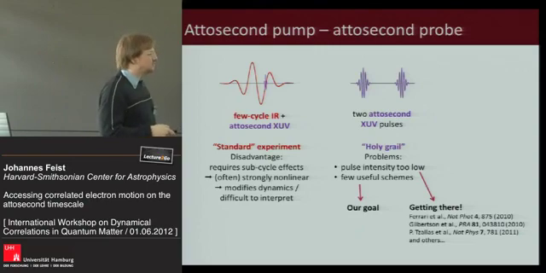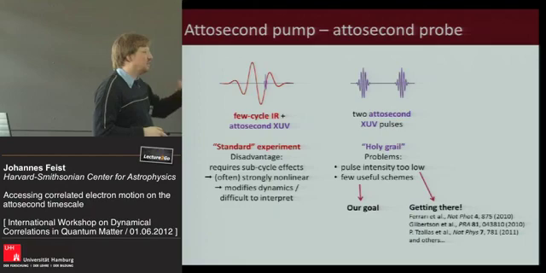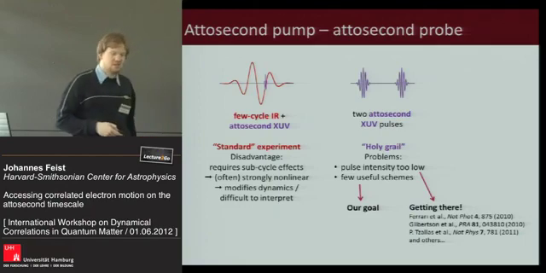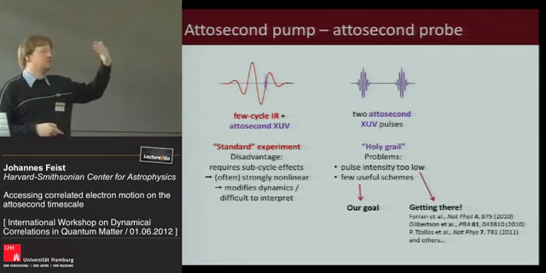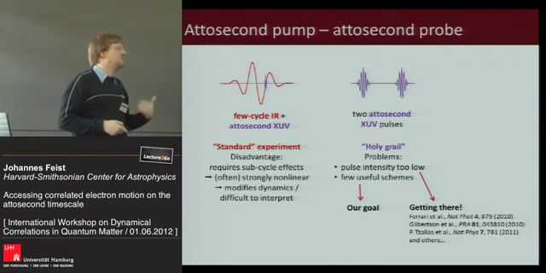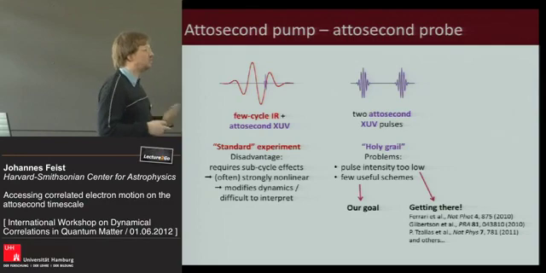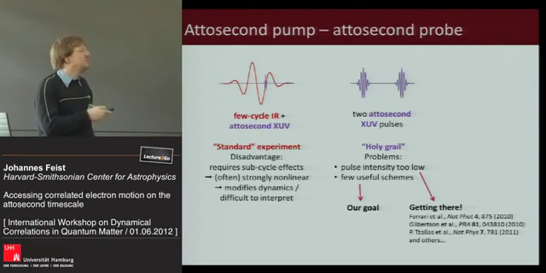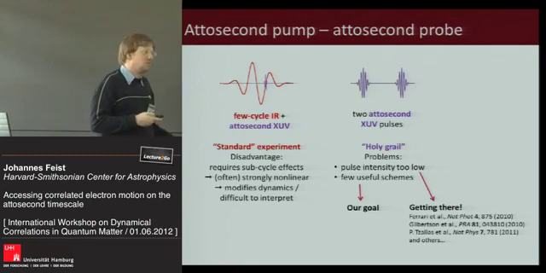And these are other papers showing the increases in high harmonic efficiency. And of course, there's also the work of getting free electron lasers down to below femtosecond pulses. So either of these could lead to enough pulse intensity in attosecond pulses to enable this kind of pump probe with 2 attosecond pulses.